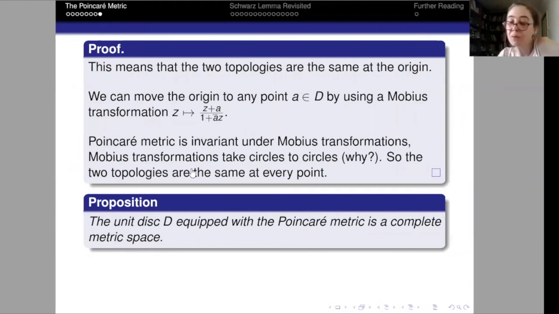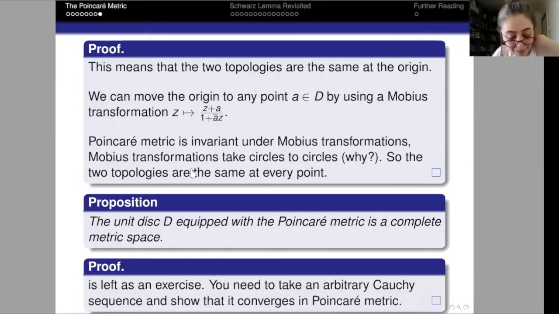So we have to clarify that the unit disk equipped with the Poincaré metric is a complete metric space. The proof is left as an exercise. This is an exercise of classical analysis. All you need to do is take an arbitrary Cauchy sequence in D with respect to the Poincaré metric, and then show that it converges to a point inside D in the Poincaré metric.